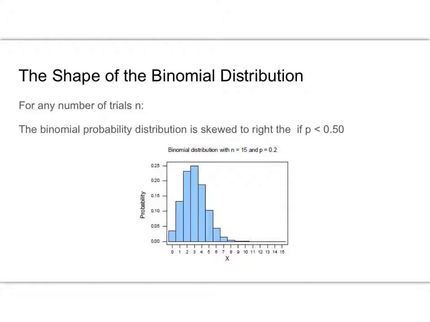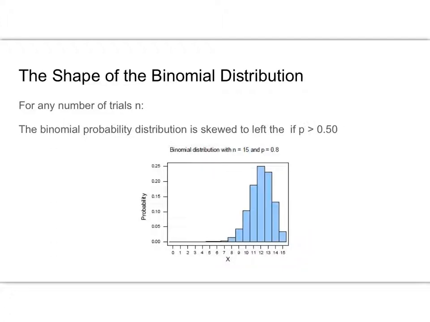And we talked about skewed being if I put an invisible string around my probability and it looks like I've yanked on one side or the other, then it's skewed in that direction. And it looks like I've yanked it over here, so it's skewed to the right. If the probability is greater than 50%, then my probability distribution is skewed left. And if you look here, looks like I've pulled it this direction, my string that direction, so that is skewed left.